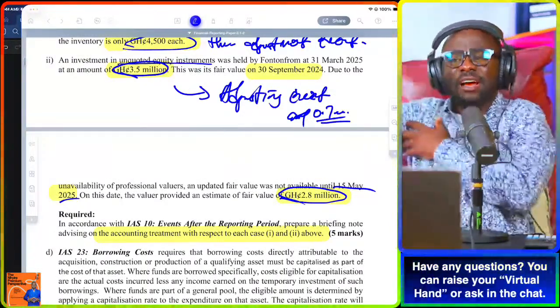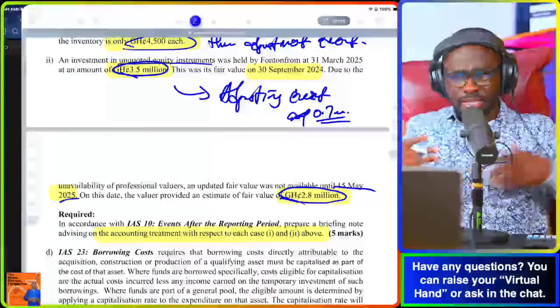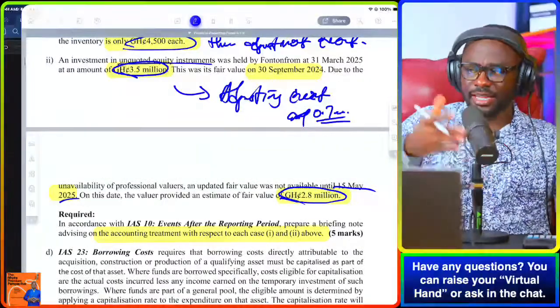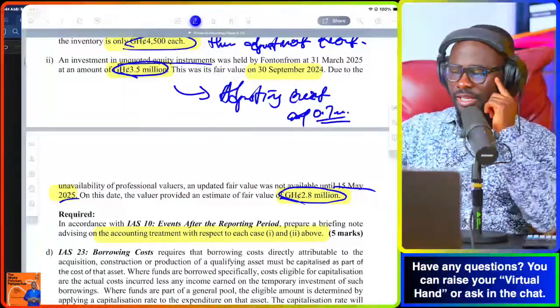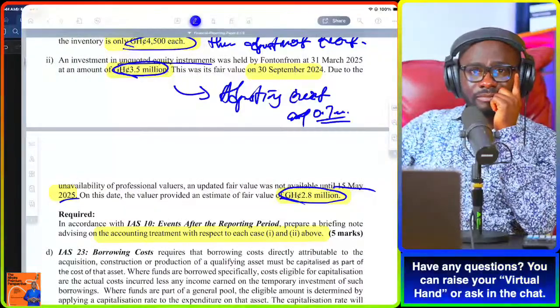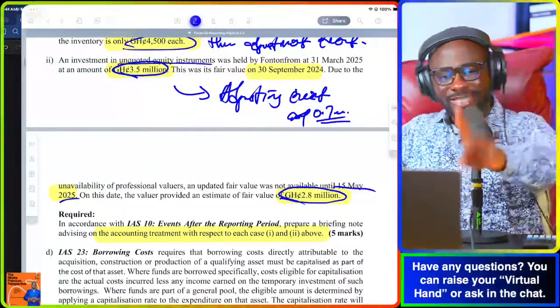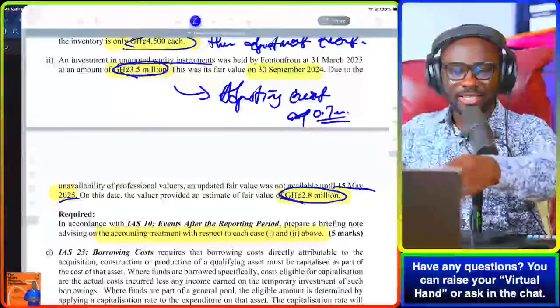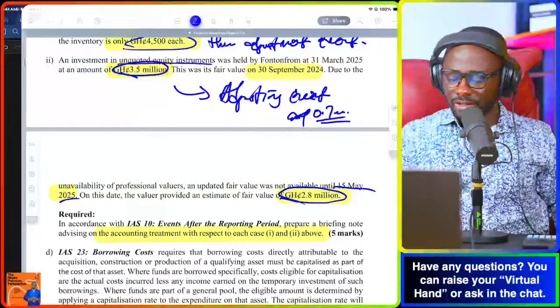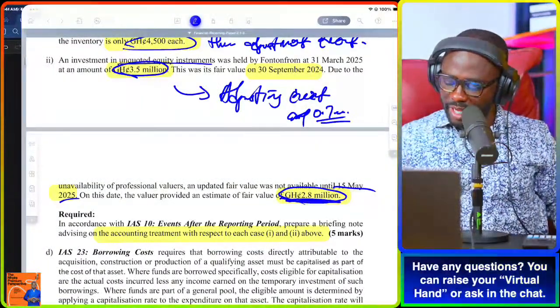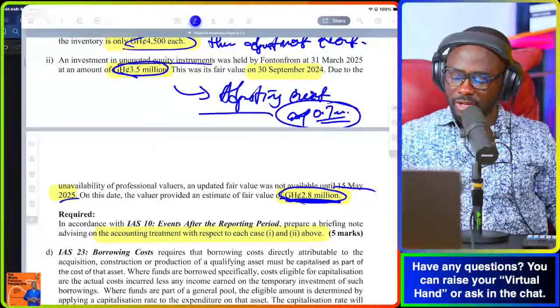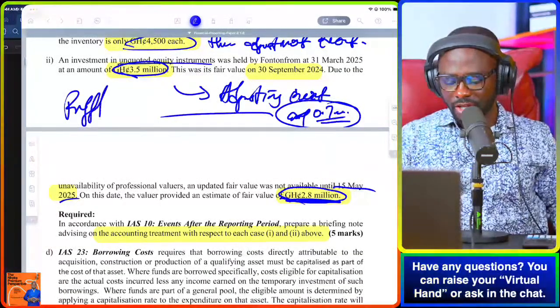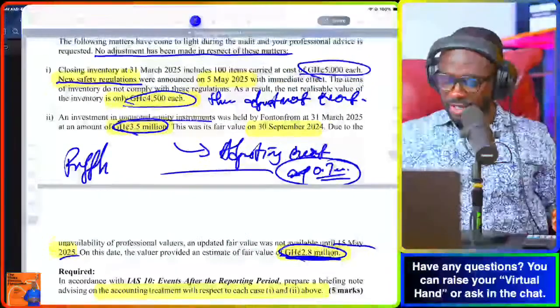But since they are coming after the reporting date, it still tells us that there is an impairment in the item. That's all. We are done. So the second scenario is an adjusting event. The equity investment must be written down to 2.8 million with a 0.7 recognized in the profit or loss account. That is the answer to the question there.